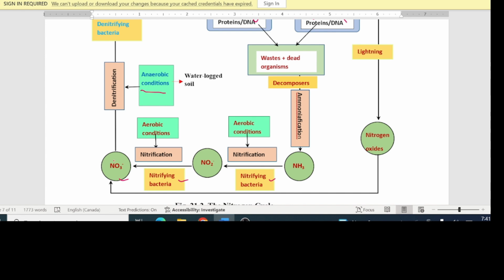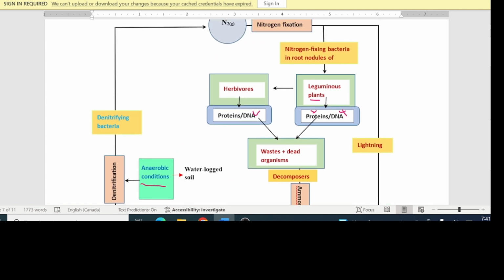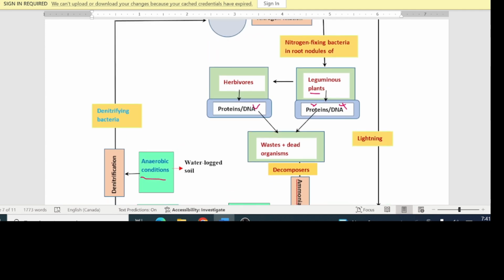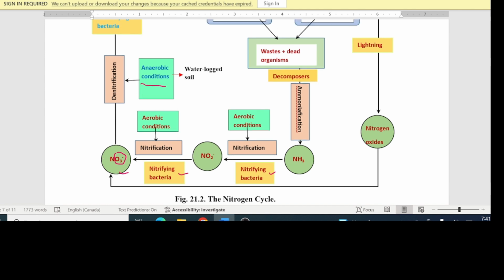They will cause the nitrate ions to be decomposed into nitrogen gas. Why? Because these bacteria will use the oxygen that's bonded to the nitrate ion for their respiratory process. And this nitrogen is left all by itself and it gets recycled in nature.